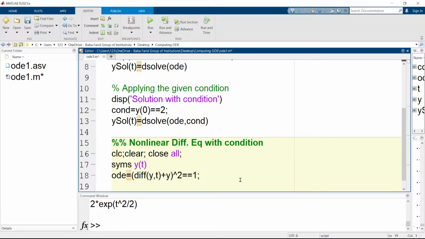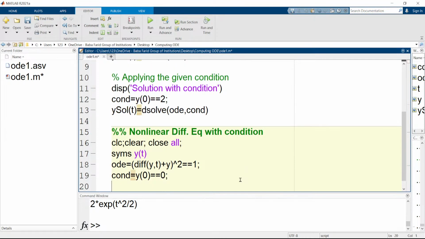And we have the condition. Condition is equal to y(0) is equal to 0. This is the initial condition which is given in the statement. Then we want to find the solution, and that will be stored in ySol(t).